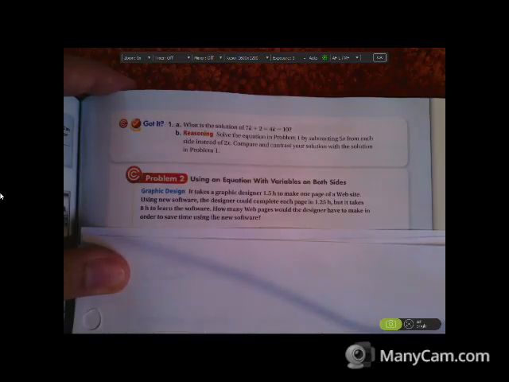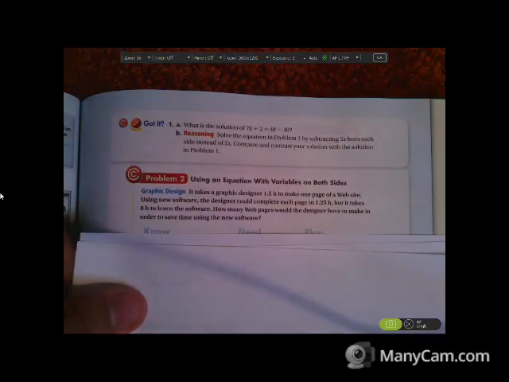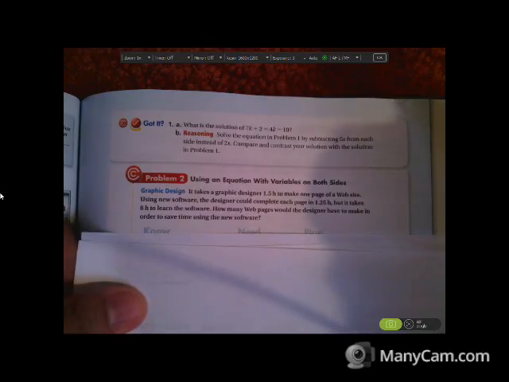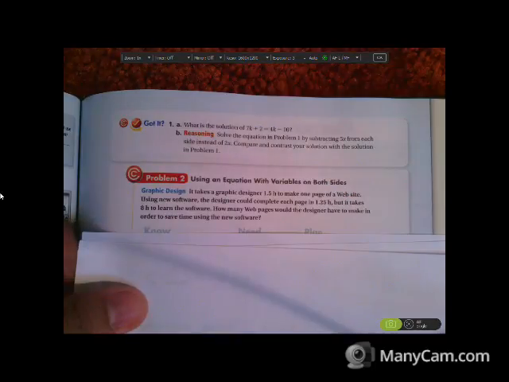What is the minimum number of pages that the designer would have to make in order for it to be the same hours with the old software versus the new software? When would it take the same number of hours?